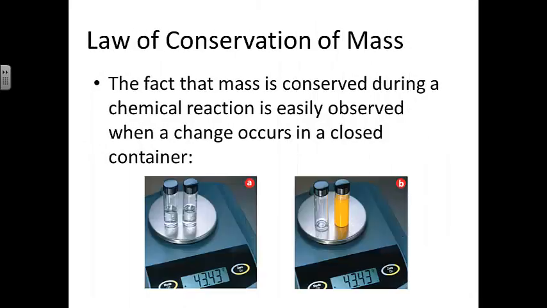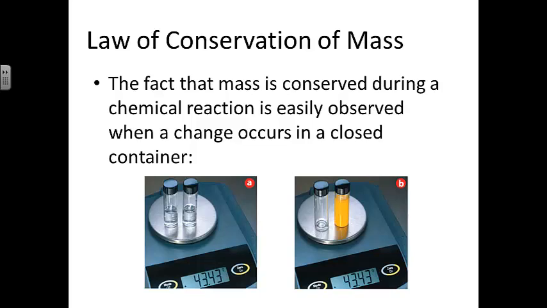The fact that mass is conserved during a chemical reaction is easily observed if a change occurs in a closed container. As we can see here, we have two closed containers, each contain two clear liquids. They have a total mass of 43.43 grams.